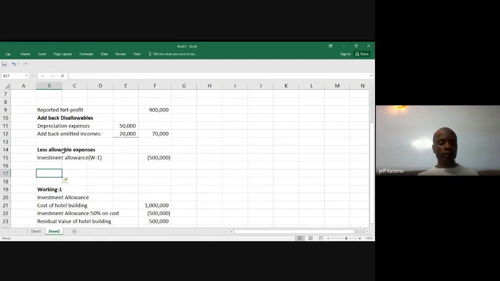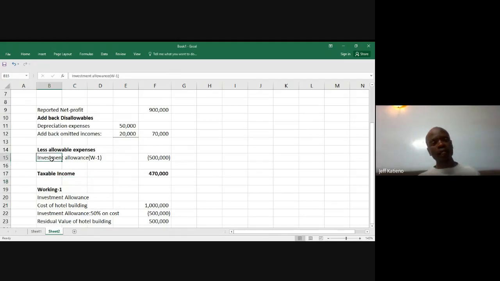Taxable income is coming to 470,000. You can see how our taxable income has greatly reduced because of this investment allowance.